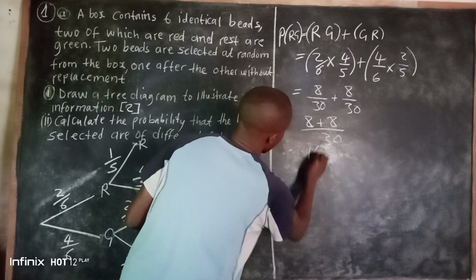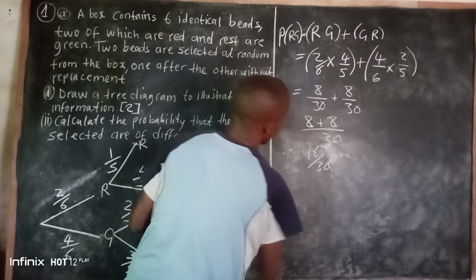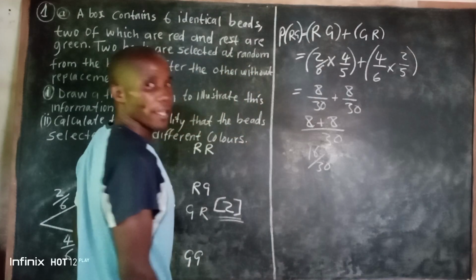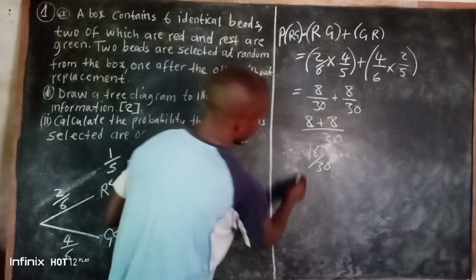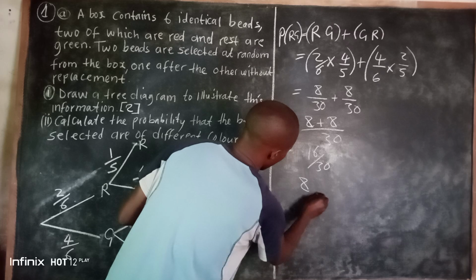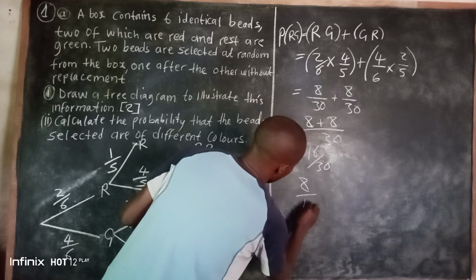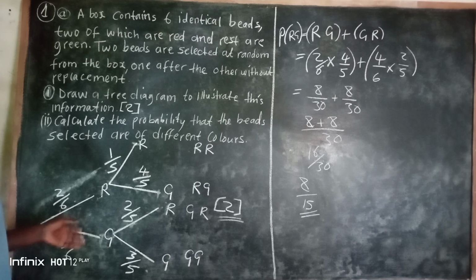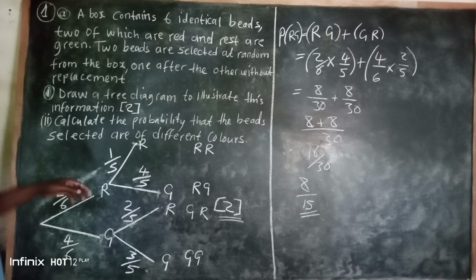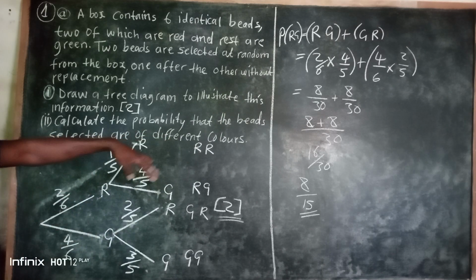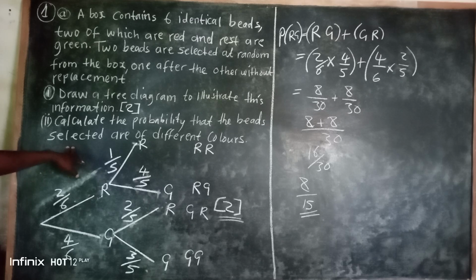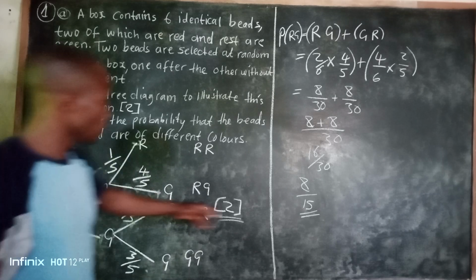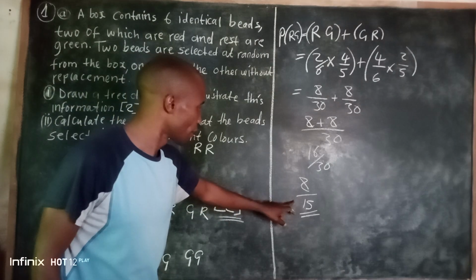So we are going to have 16 over 30. So we can still simplify to its lowest term. So there we are going to have 8 over 15. And that will be our answer. So the probability of selecting beads of different colors is 8 over 15.